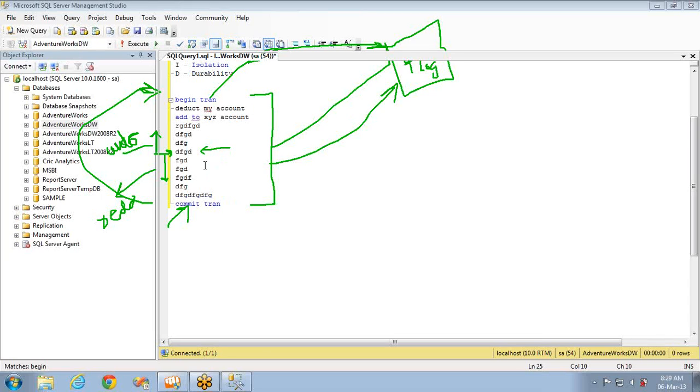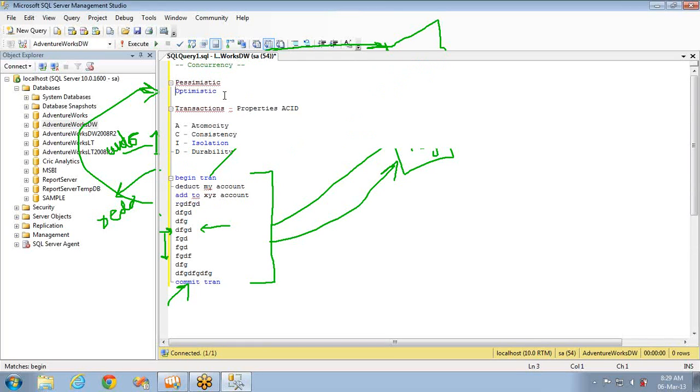SQL Server has transaction management to make sure that the transaction is atomic and consistent, and it has the transaction log to make sure of the durability property.